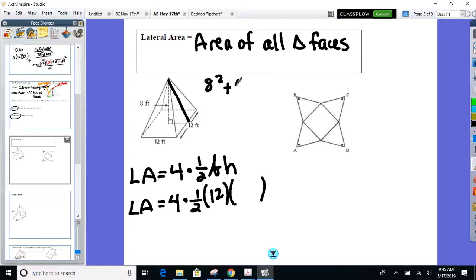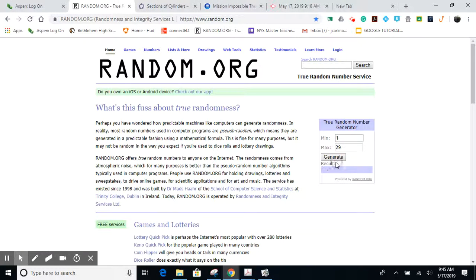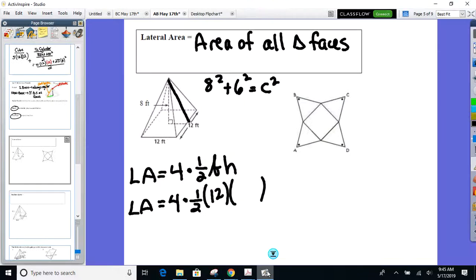So 6 squared equals my slant height squared, or in this case, c squared. What is the slant height in this case? How long is the slant height? How long is the slant height, Maddie? 10. Good job. So I'll plug 10 in now.